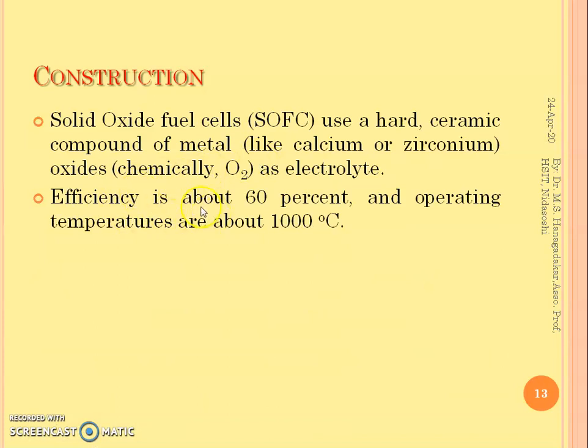The efficiency of this fuel cell is 60%, meaning 60% energy conversion takes place, and its operating temperature is about 1000 degrees Celsius. The cell output is up to 100 kilowatts.